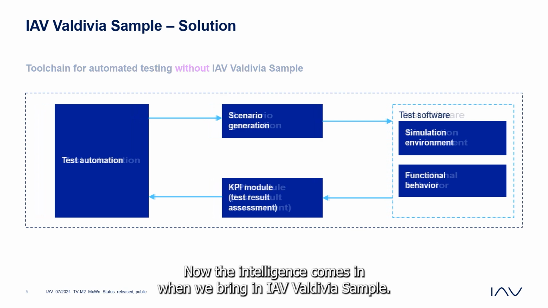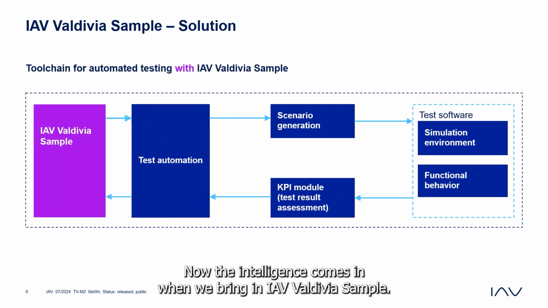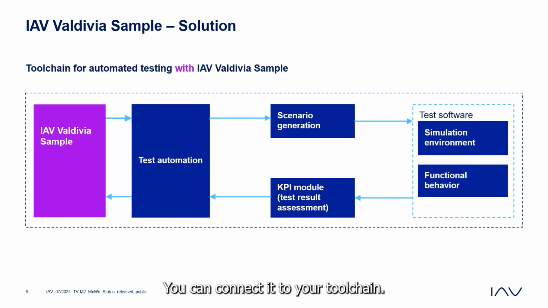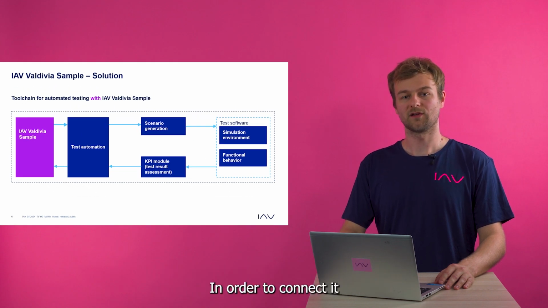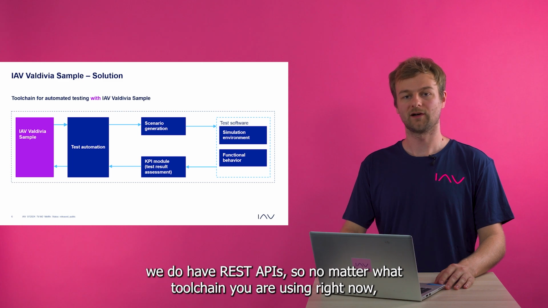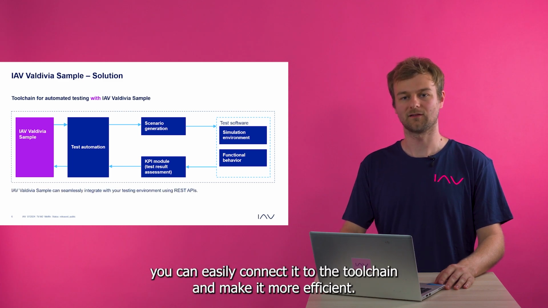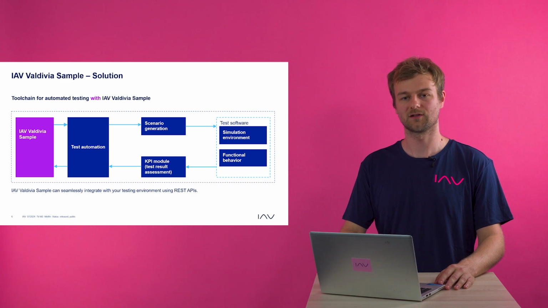Now, the intelligence comes in when we bring in IAV Valdivia Sample. You can connect it to your toolchain, and then it helps you to find the relevant scenarios and to analyze your system. In order to connect it, we have REST APIs, so no matter what toolchain you are using right now, you can easily connect it to the toolchain and make it more efficient.